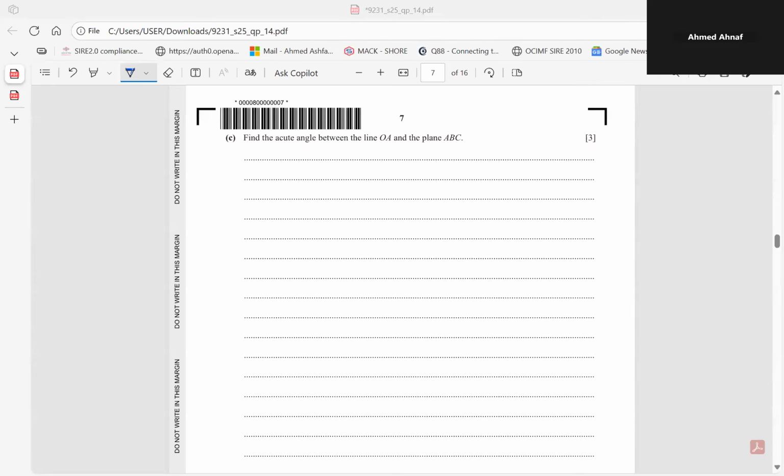Okay, and for this final part, we're supposed to find the acute angle between the line OA and plane ABC. So to do this question, let's again make a sketch. We'll let this be our plane ABC, and this is our line OA. The question told us that we need to find the acute angle, so we'll let the acute angle be theta.